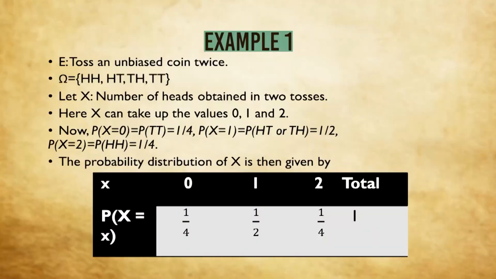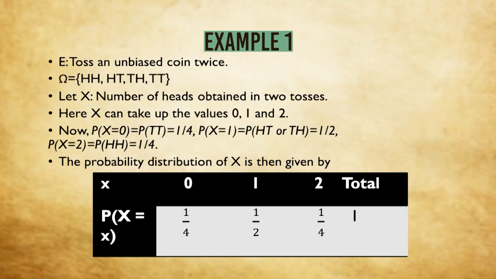Let us see carefully. Probability x equals 0. First you imagine when x takes up the value 0. When x takes up the value 0, the outcome is TT. What is the probability of getting this outcome TT? 1 by 4. So probability x is equal to 0 will be 1 by 4. Similarly, probability x is equal to 1. Now the outcomes favorable to x equals 1 are HT and TH.